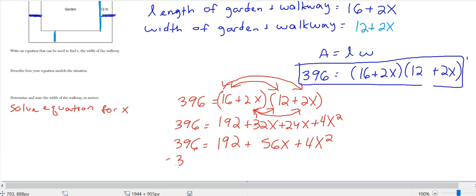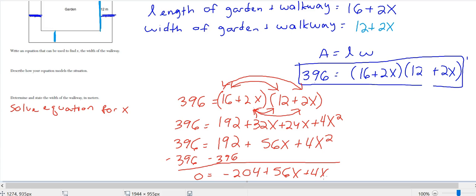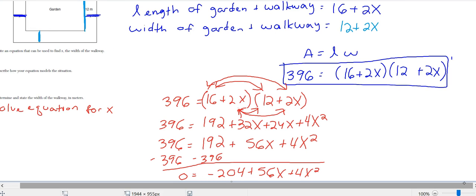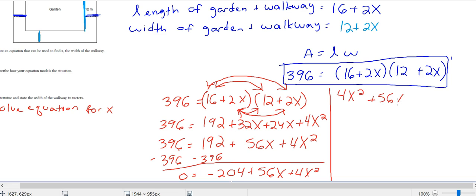So we're going to subtract 396 from both sides. 0 is equal to 192 minus 396 is negative 204 plus 56x plus 4x squared. And we want to have our equation in standard form. So we want the highest exponent first and the constant last. So 4x squared plus 56x minus 204, and the whole thing is equal to 0.